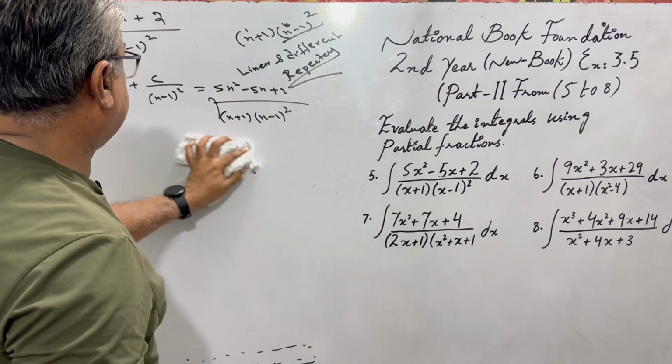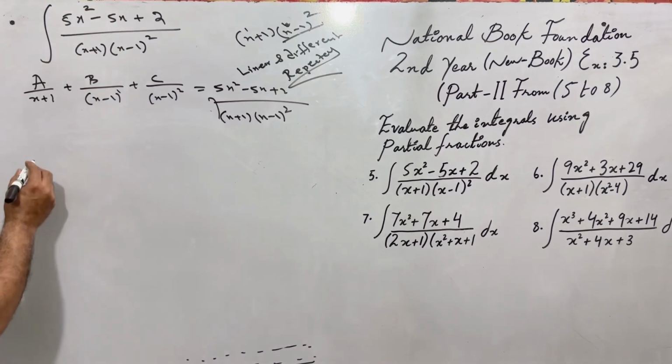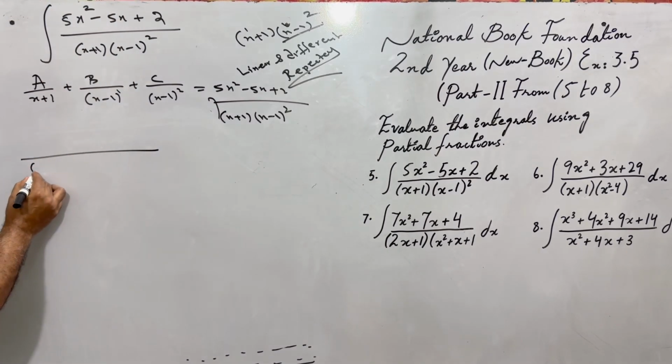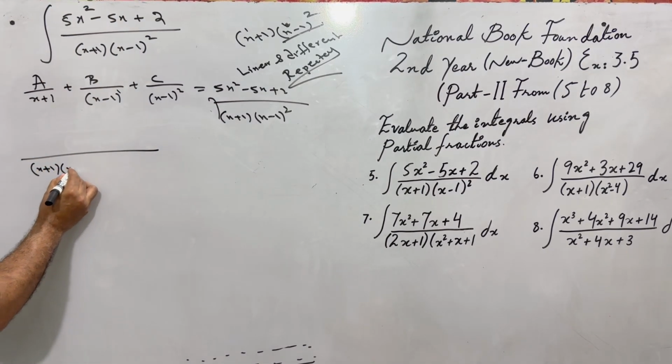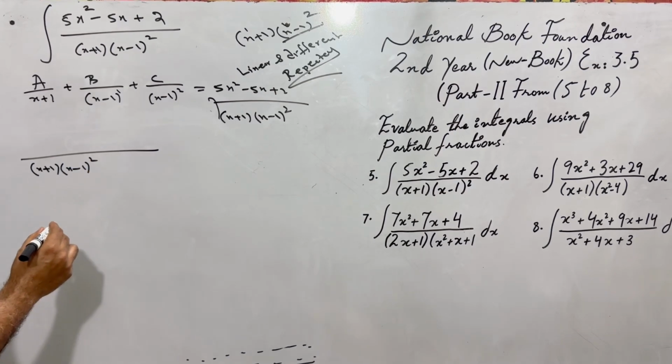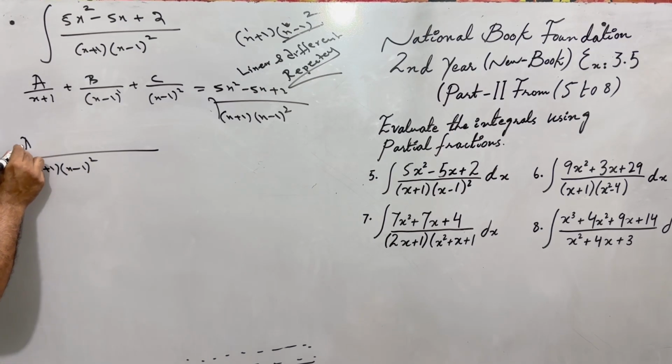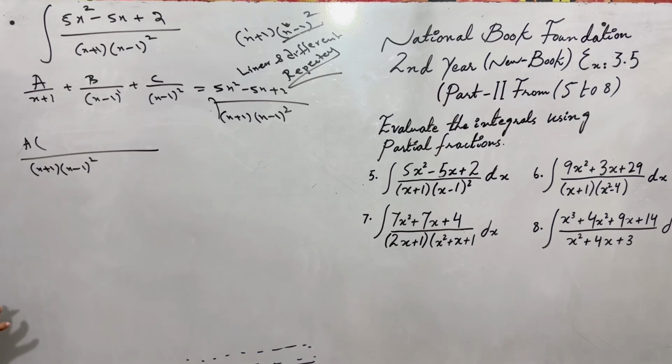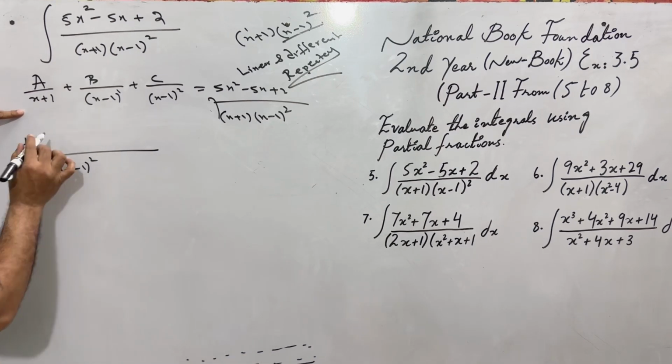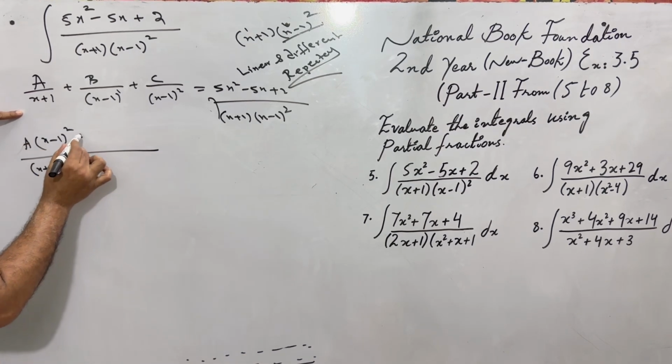LCM is (x + 1)(x − 1)². Whatever is with A, x plus 1 is vanished out, take the rest of the denominator, (x − 1)².